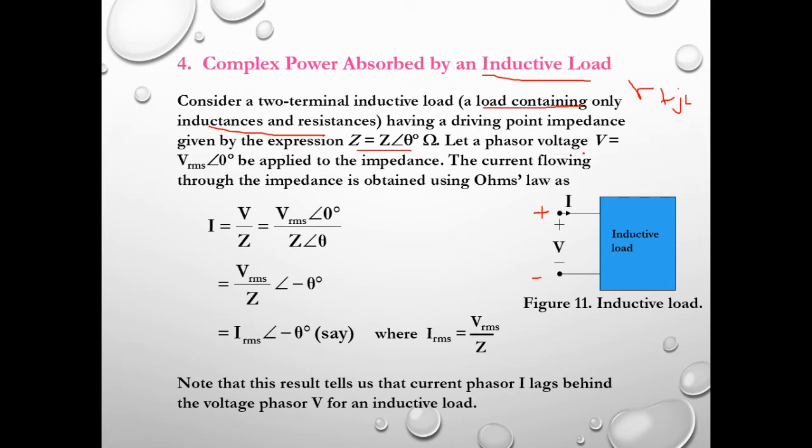Let a phasor voltage V equal to VRMS angle 0 degrees be applied to the impedance. The current flowing through the impedance is obtained using Ohm's law, I equals V over Z. Just substitute the values of VRMS and the impedance, so VRMS over Z angle minus theta degrees, which is IRMS.